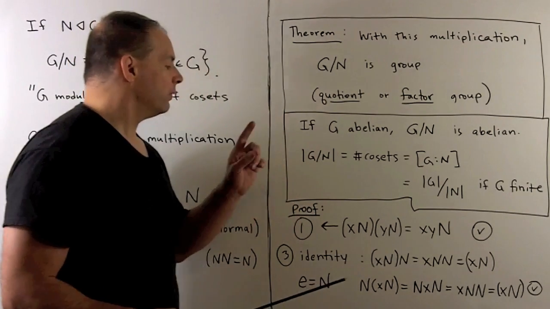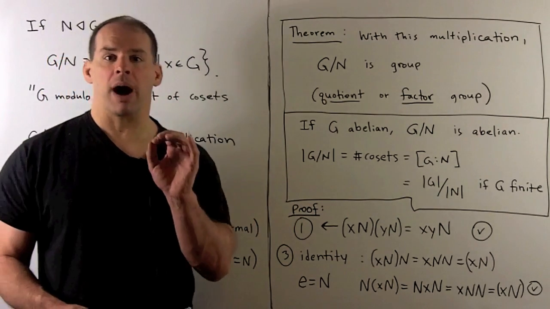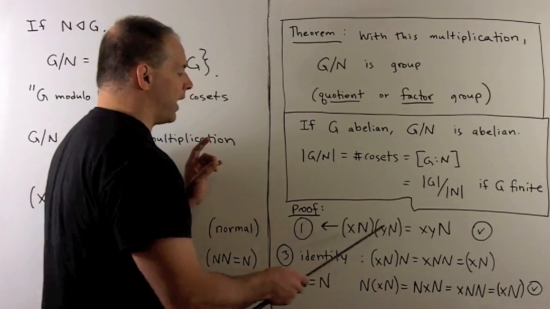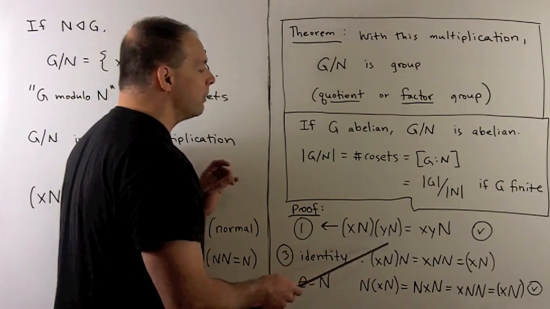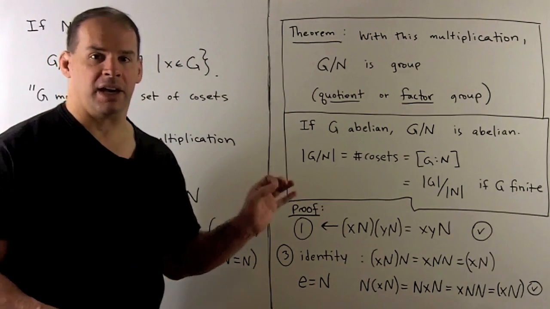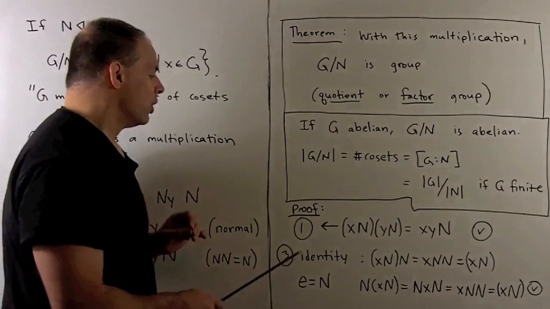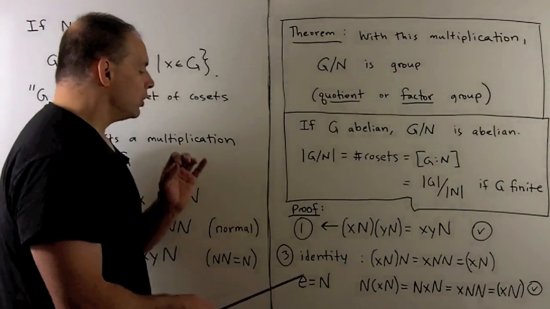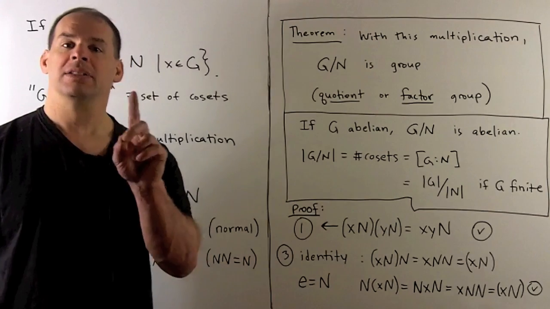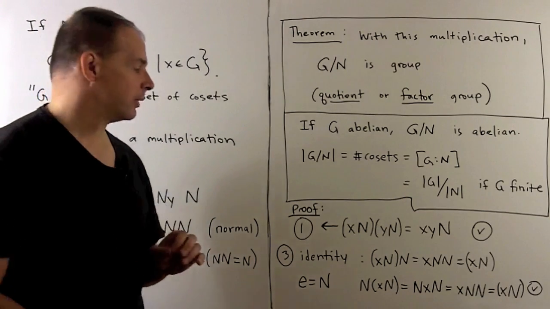Now, for the proof, I have to show four properties. The first property we've already shown: if I multiply two cosets together, we get another coset. I have room here for the identity, so I'll do this now. For the identity element, we're just going to use our subgroup n.